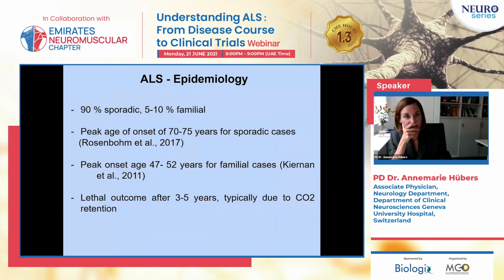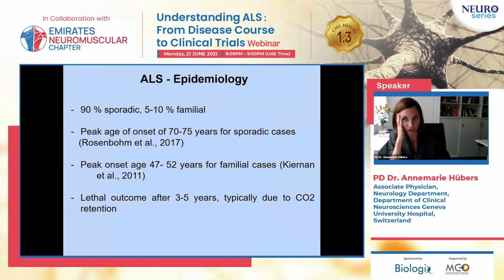Regarding genetics, the main percentage of patients represent what we call sporadic ALS. Around 5 to 10% of all patients are diagnosed with a familial or genetic ALS.